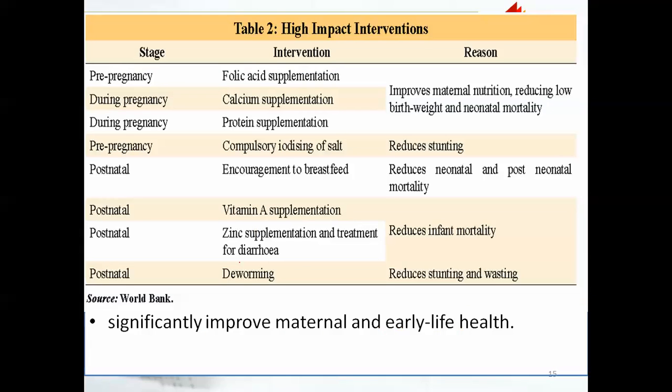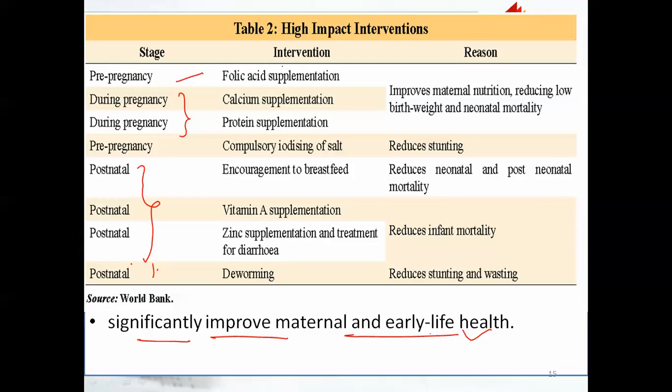And now, if these high impact interventions are done during pre-pregnancy, during pregnancy, postnatal, that is after the birth of the child, what we find is a significant improvement in the maternal and early life health of the child.